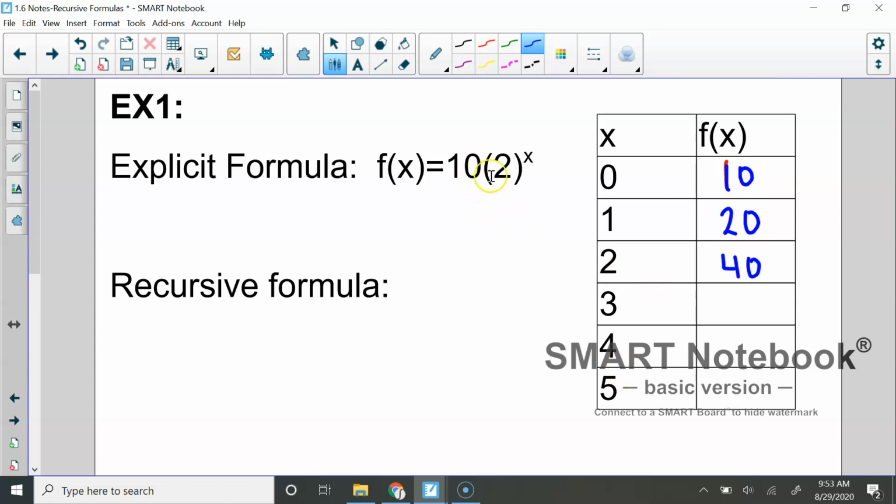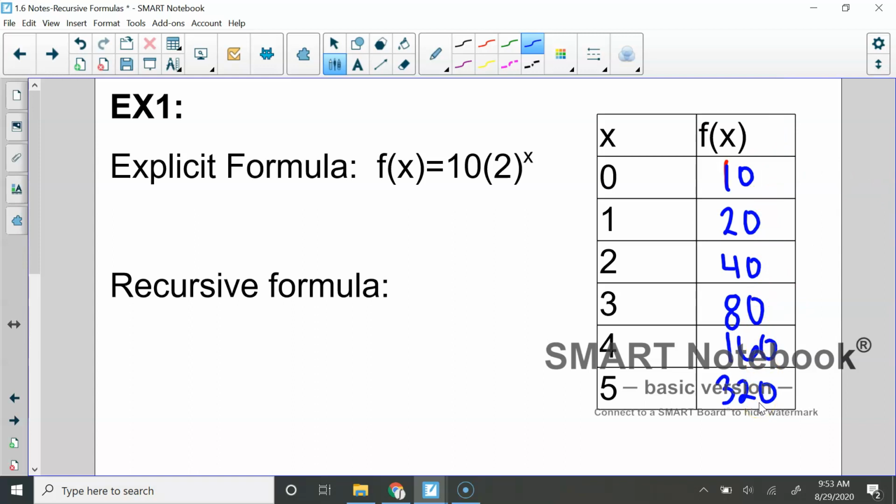And then we'll have 10 times 2 to the third. 2 to the third power is 8. 8 times 10 is 80. And for 4, 2 to the fourth is 16, so I would get 160 right here. And then 2 to the fifth is 32, so I would get 320 here. So these are just the points that we would have on this graph for the exponential that we've looked at.